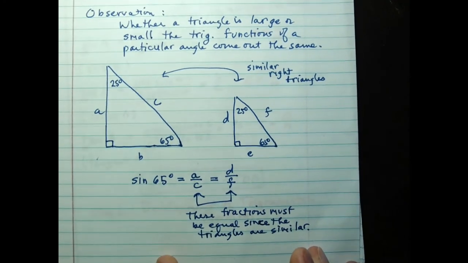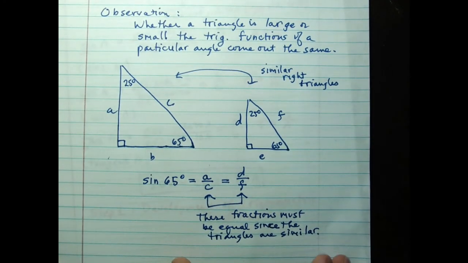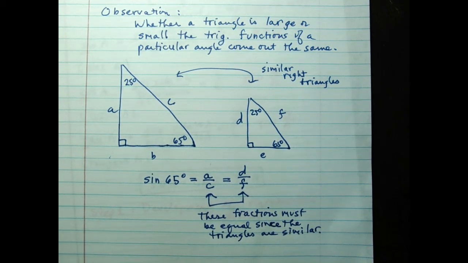So that's just an important observation to make and think about at the very beginning of this, that we'll get so used to calling something the sine of a certain angle, whether the triangle is large or small, because it will come out the same whether the right triangle is large or small. Okay, so that's this section, and next we'll move on to an exercise.